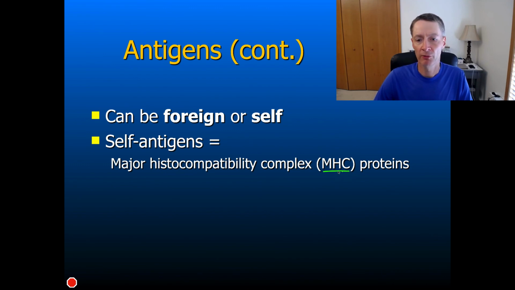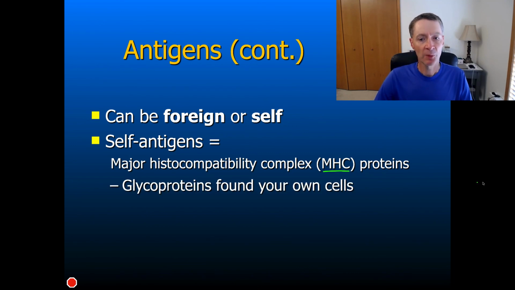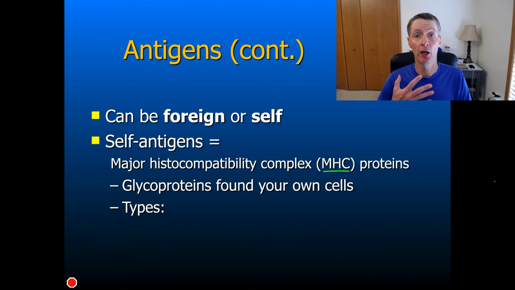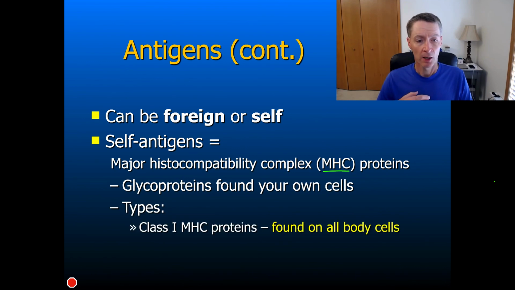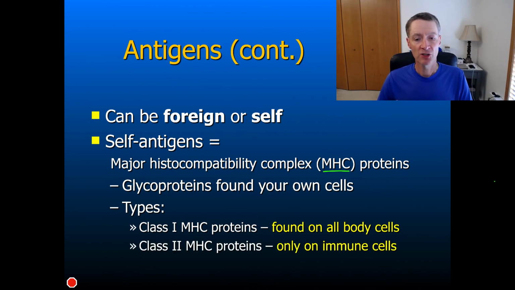It's a mouthful, so we just say MHC proteins, and there are a couple different kinds of MHC proteins that are self-antigens on our cells. Some of these are found on all body cells, and some are just found on immune cells like white blood cells.